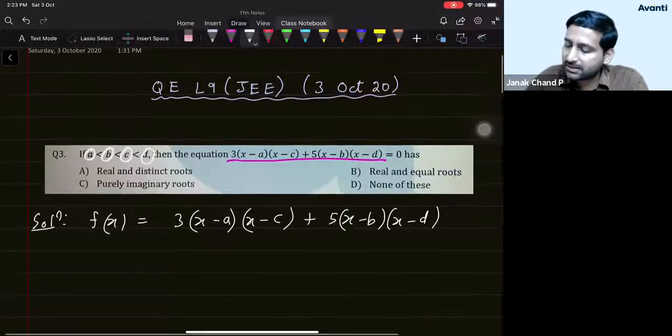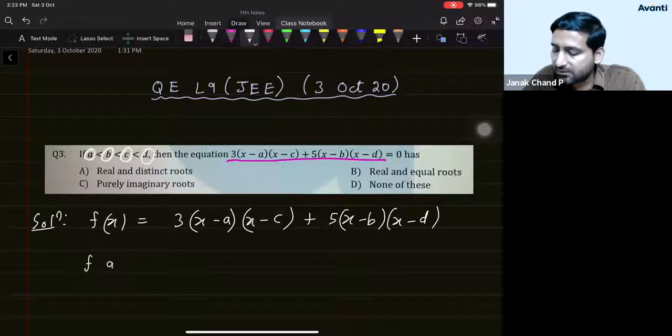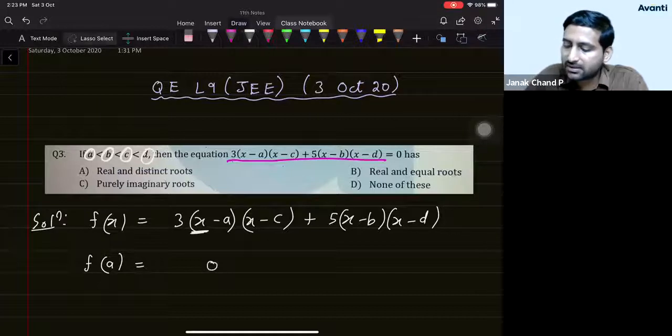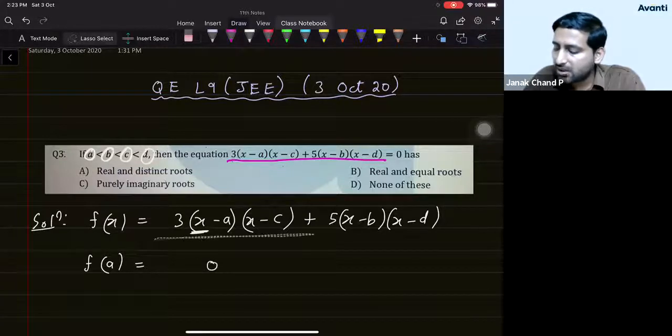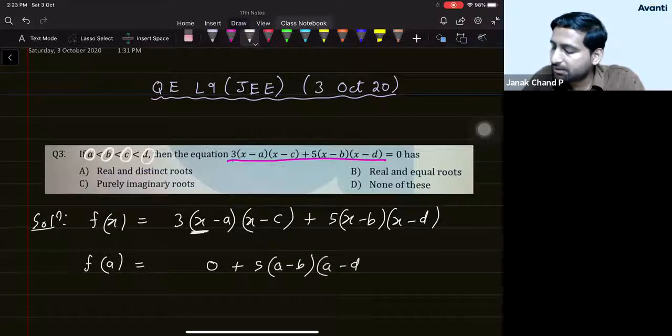Let us calculate them. Let us see what is the value of f of A, right? So when A is put here, students, I hope you can understand, this becomes 0. So I'll be getting the first term as 0 because 0 into anything will be 0. If you look at the second term, if I put A here, 5 into (A minus B) into (A minus D).